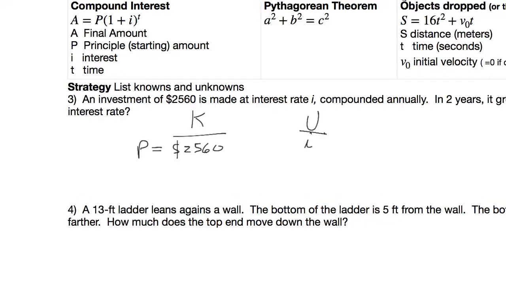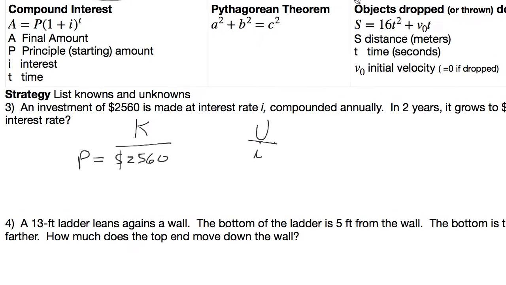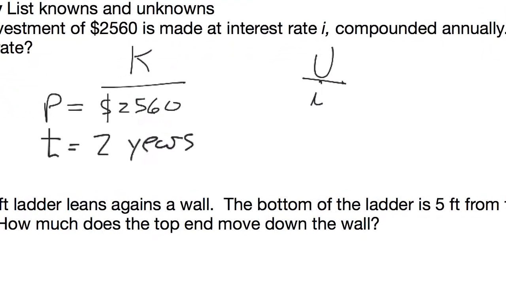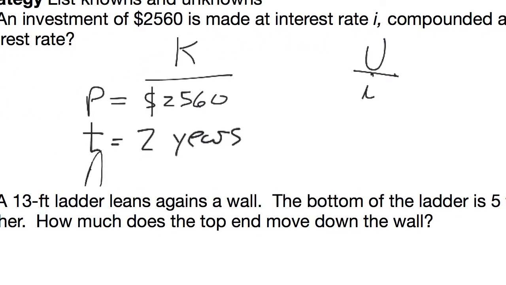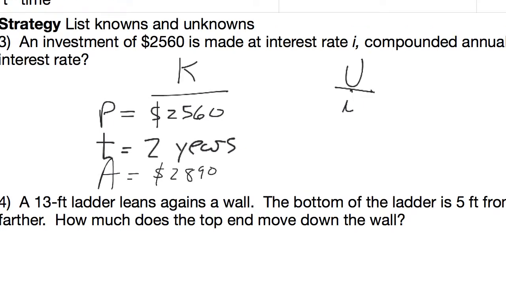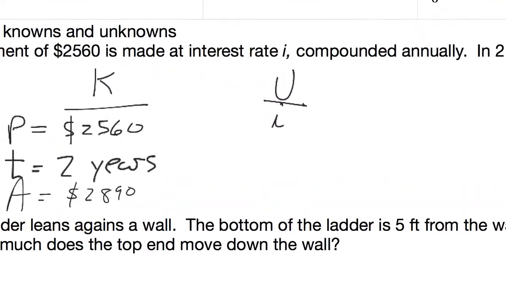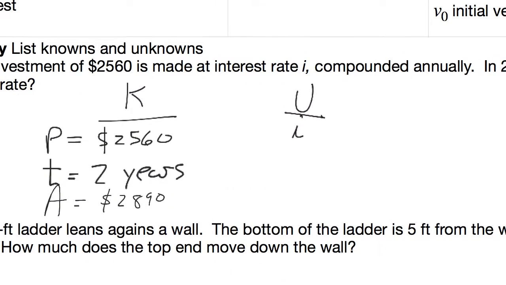Okay, so that's the formula we're using. In 2 years, t equals 2 years. It grows to 2890. What is the interest rate? Yeah, so we don't know the I, but we can figure out everything else.